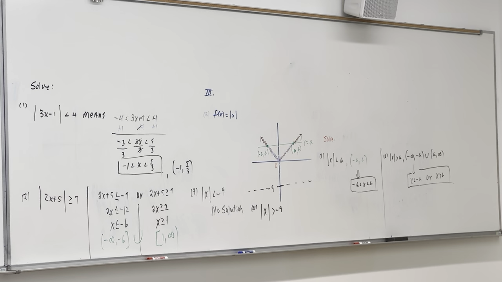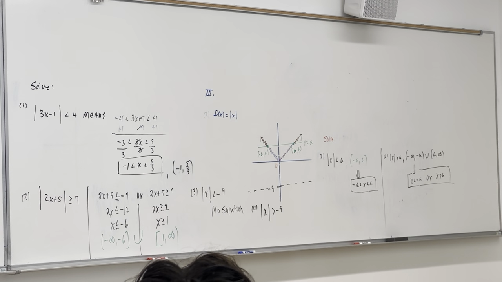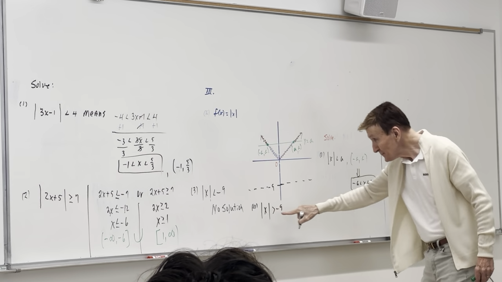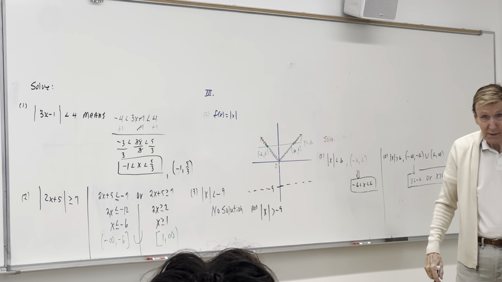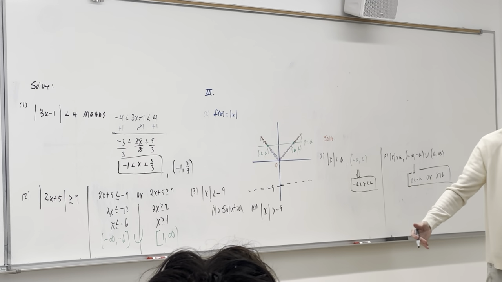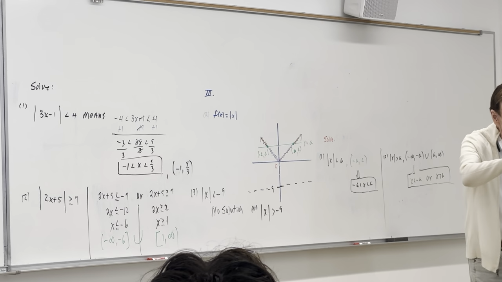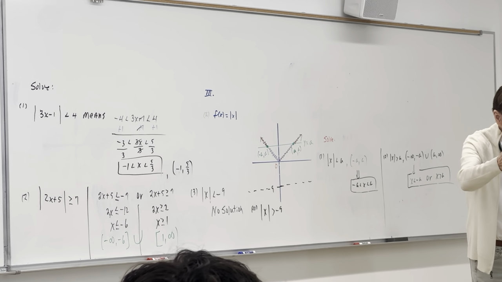Corey, tell the class again, what does that mean in terms of that red graph? When is it below or above? In this case, we put a greater than symbol. So what does that mean? When is the red graph above -9?